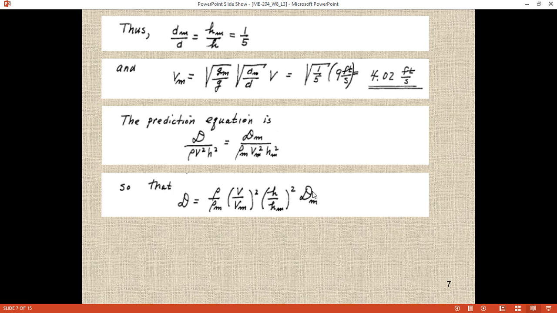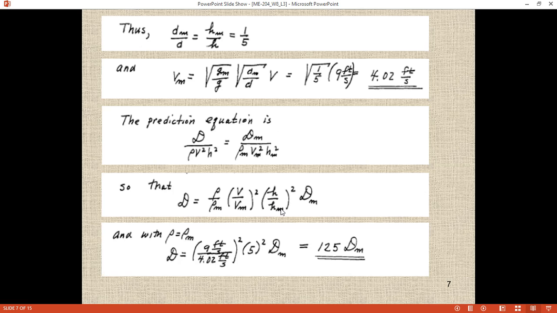And this is the drag force on the model block. We know the densities, we know all this, so we insert all those values, h over hm.